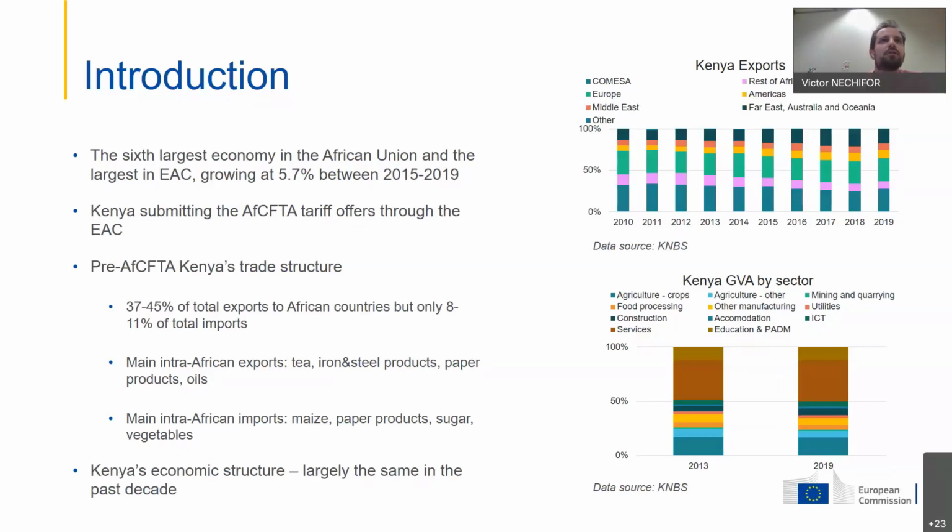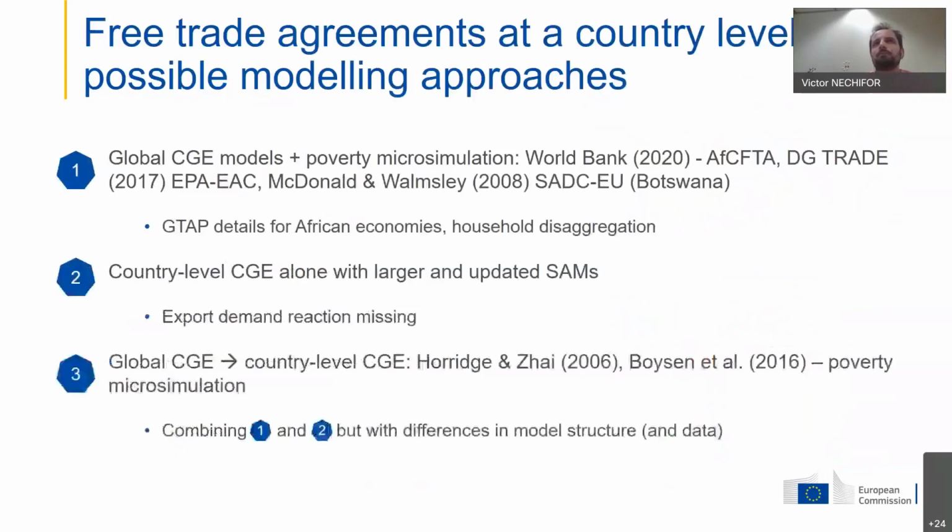In terms of commodities for intra-African trade, it exports tea, iron and steel products, paper products, and oils, and on the import side, it imports maize, paper products, sugar, and vegetables. This is just to give an introduction to the context of the Kenyan economy and trade.